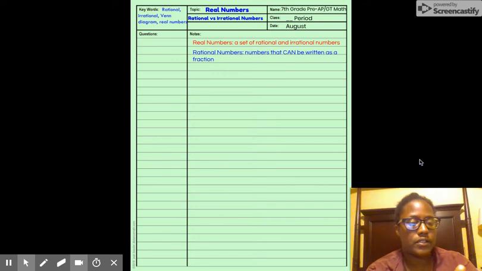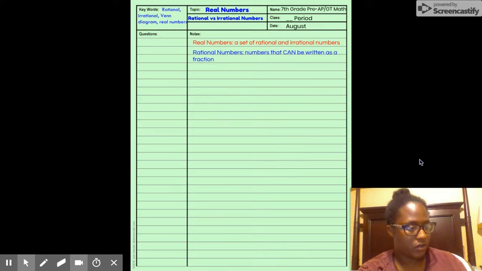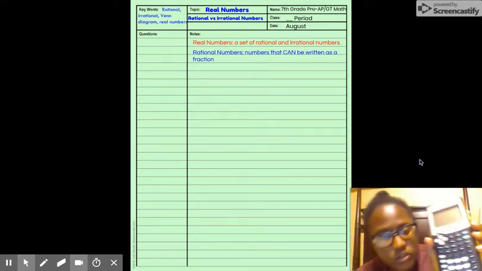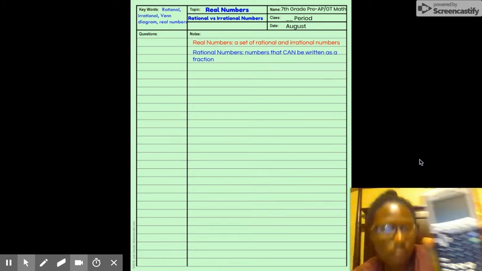If I go into my calculator, I can actually turn it into a fraction. So I would go math, fraction, and it's actually written as 4/5 as a fraction.